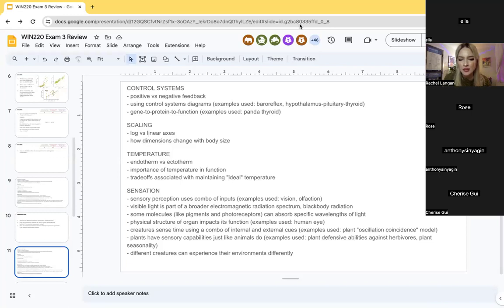Yeah, that's just another behavioral response to trying to conserve heat during really cold times of the year. So it's not necessarily one of the responses that have to do with changing metabolic rate. It's just a behavioral response of some endotherms.